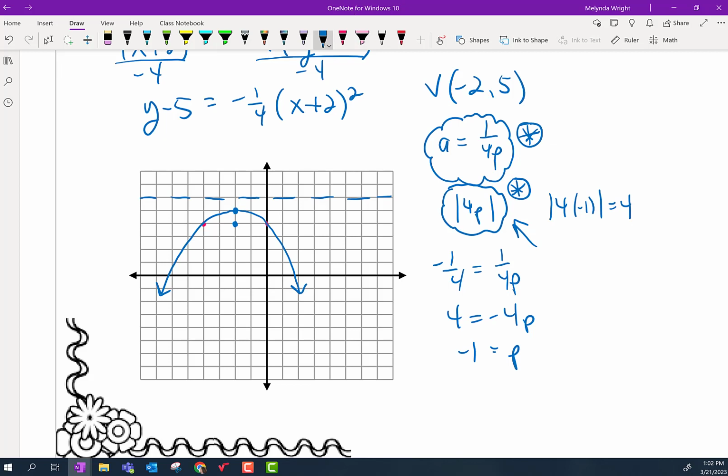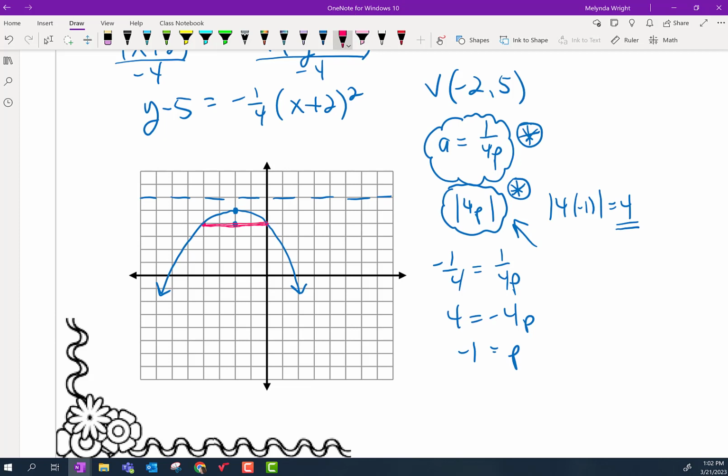Can you go over why you want 2 spaces to the right and 2 to the left? Yeah, absolutely. So this distance 4, it's called the focal diameter or the latus rectum. And what that means is when you draw through the focus, there should be 4 spaces total from one side of the parabola to the other. And that's measured through the focus point.